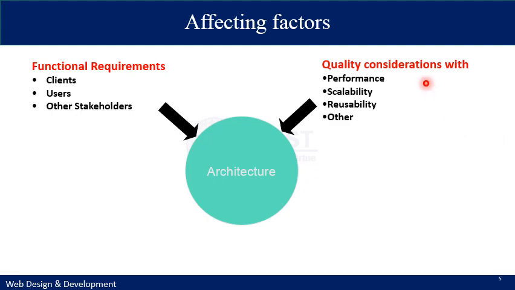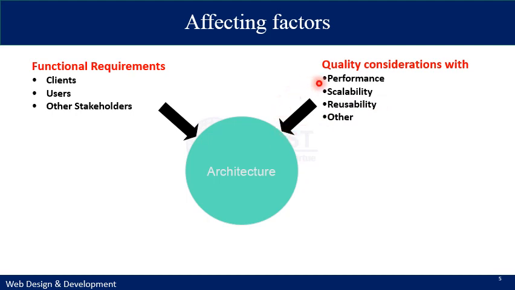Another important affecting factor is quality consideration, such as performance, scalability, reusability, and others. Selecting an architecture with the best performance that provides high scalability and reusability depends on the type of application and your choice of architecture.